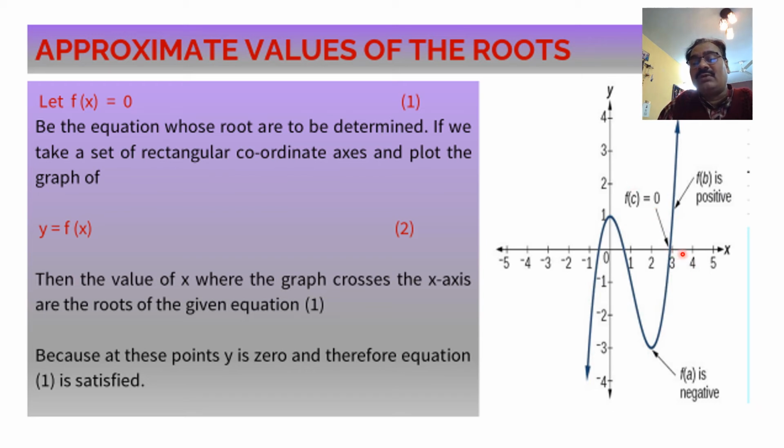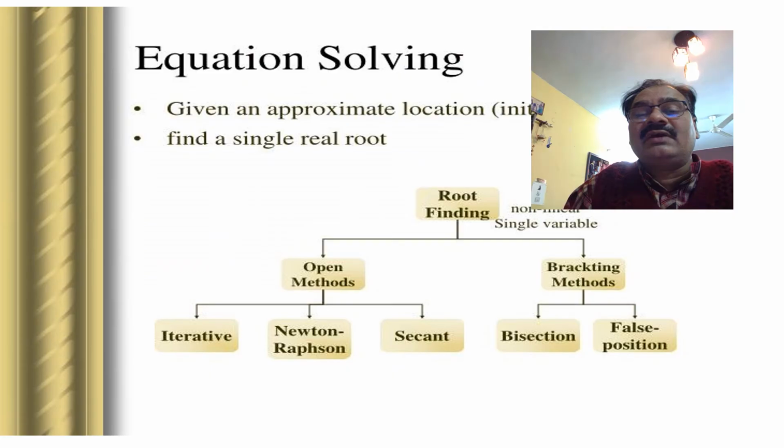At this point f(c) is equal to 0, and the value c lies between a and b. If this is b and this point is a, then b is positive but here it is negative. So for y equal to f(x), the values of x where the graph crosses the x-axis are the roots of the given equation, because at these points y is 0, and therefore equation 1 is satisfied.